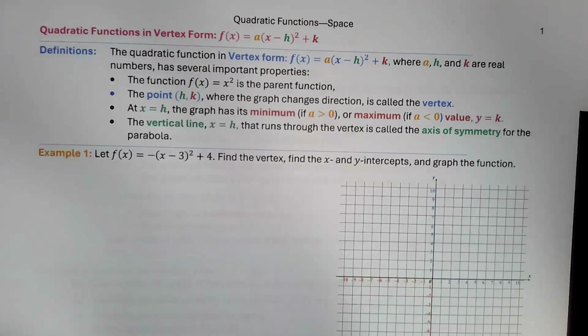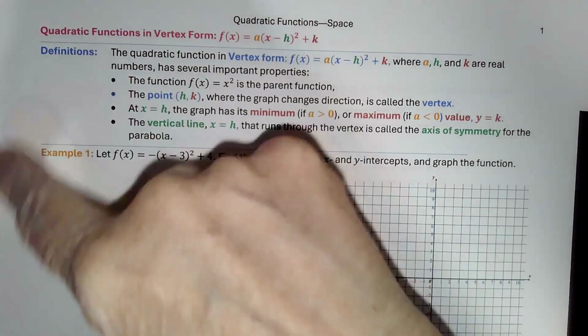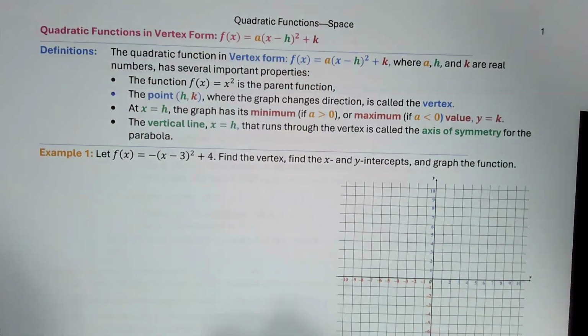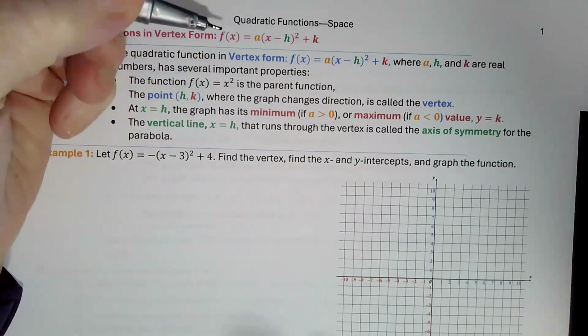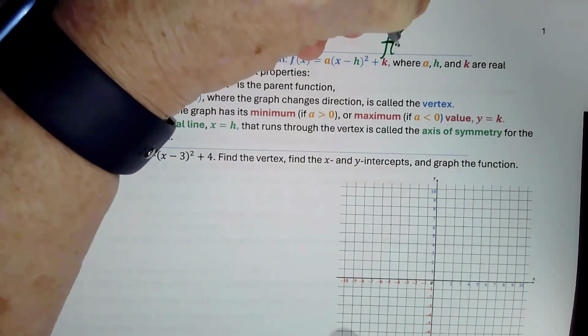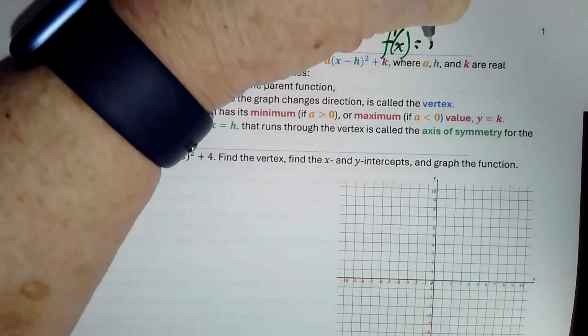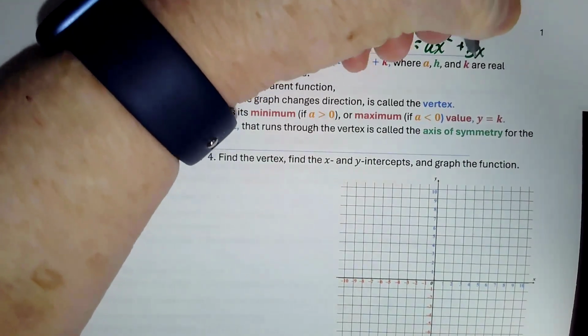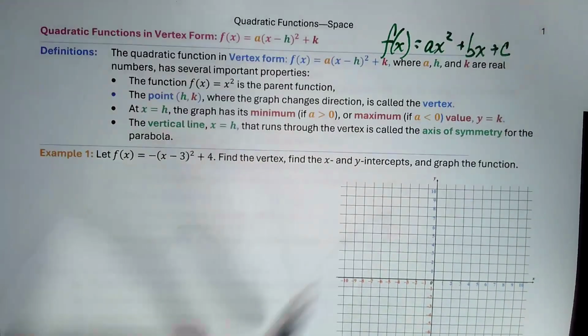So there are two forms of quadratic functions that are useful. One is the vertex form, and one is the standard form. The standard form is ax squared plus bx plus c.